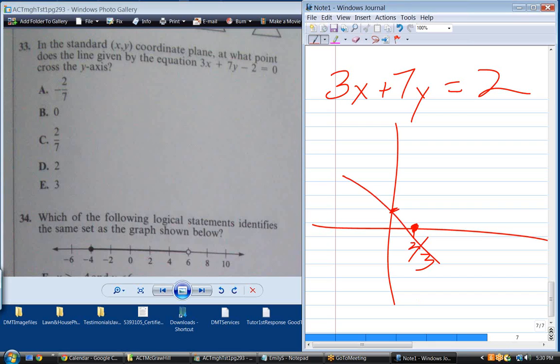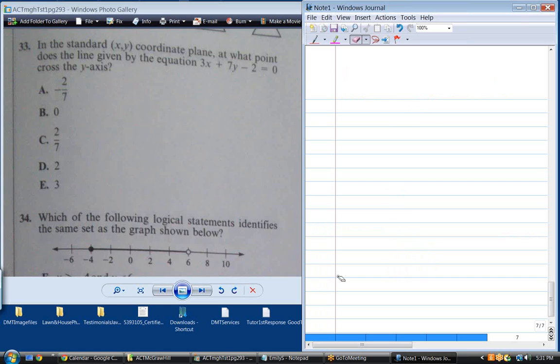I never even had to figure out slope. I was able to graph the equation almost immediately without figuring out slope, and that can be useful depending on the type of question, because any 2 points determine that line. I don't need slope, I just need 2 points. And if I have an x-intercept and a y-intercept, I have both points.